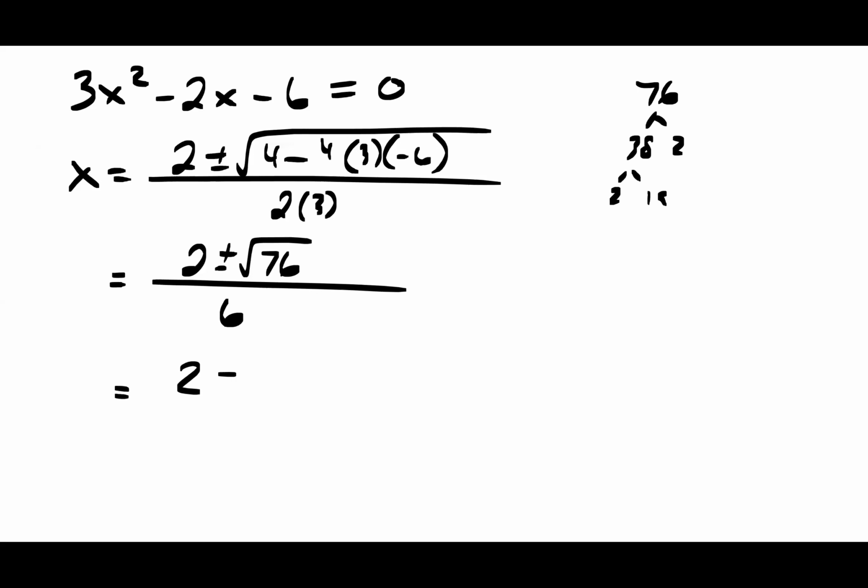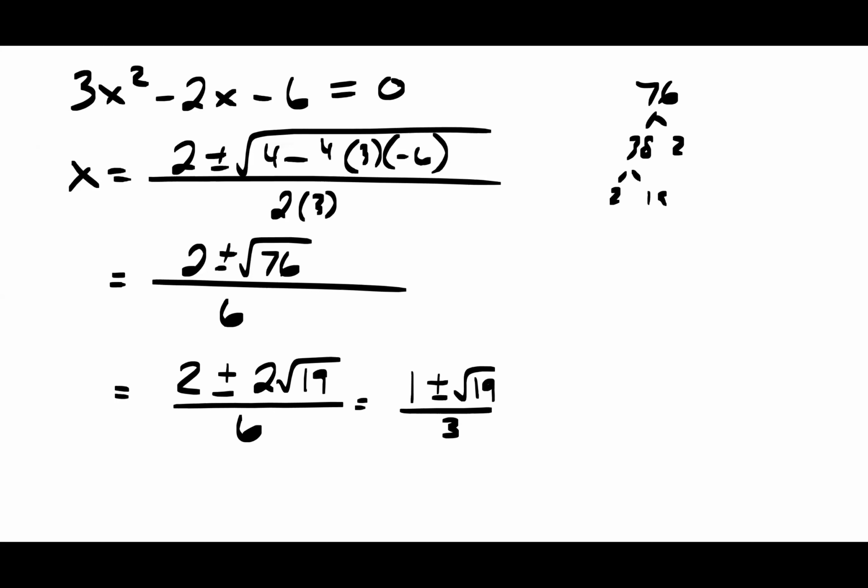So how about 2 plus or minus? 2 gets to go on the outside. 19 has to stay, divided by 6. And if that's the case, let's reduce. Let's reduce this 2, that 2, and that 6 at the same time. So what's the number that goes into 2, 2 and 6? Obviously, it's 2. So if you divide 2 by 2, and then divide 2 by 2 again, leaves us with square root of 19, and then 6 divided by 2 makes us a 3.